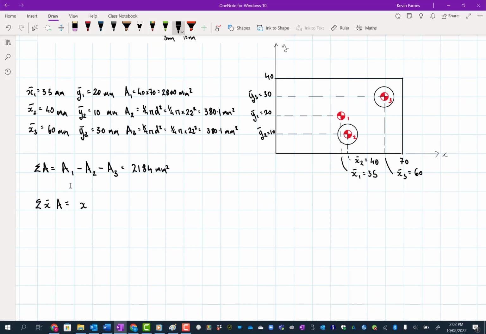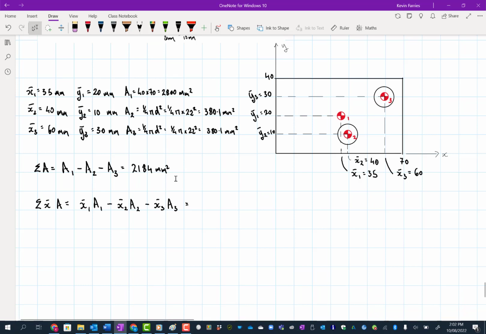So it's going to be the position of the centroid of shape 1 times the area of shape 1. Then you're going to take away the position of the first circle centroid times the area of the first circle, and you're also going to take away the position of the second circle, so that's x3, times the area of the second circle. We're multiplying those together and we're subtracting this time.